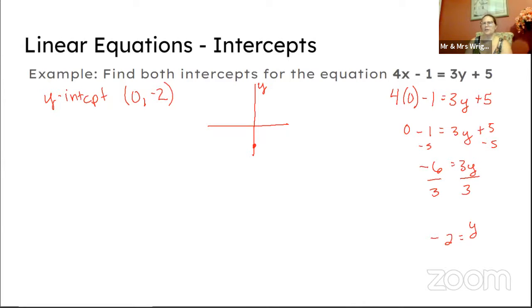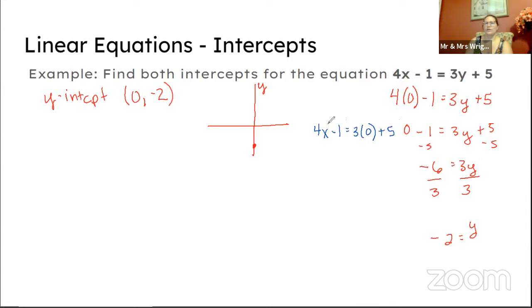Okay. Let me change colors to show my work for my x-intercept. So to find my y-intercept, I plug 0 in for x. To find my x-intercept, I'm going to plug 0 in for y. So let me rewrite this equation. 4x minus 1 equals 3 times 0 plus 5.